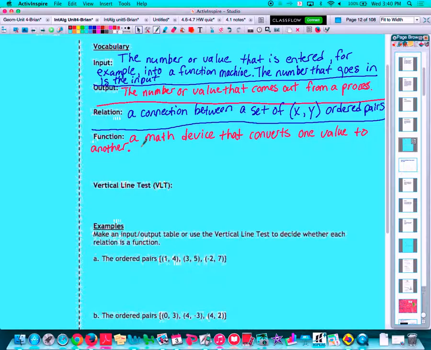So sometimes we think of it as a machine. So you feed a machine an input.